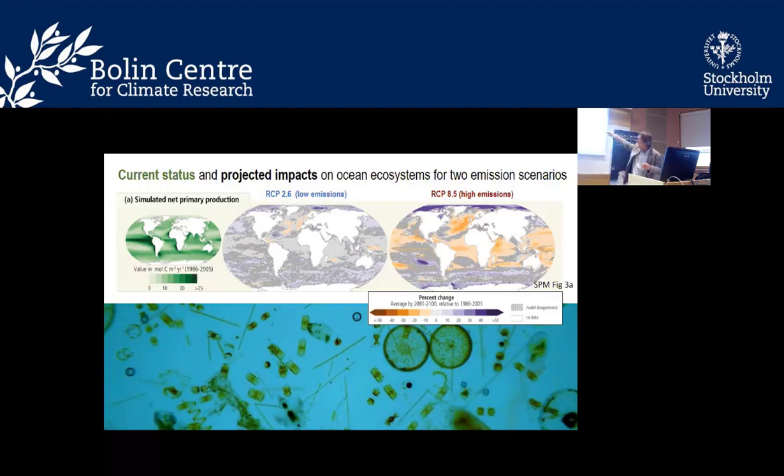The green on the left is a model of the present state of primary production, the basic plant growth in the upper ocean surface, and then the other graphs are the two scenarios. Now that actually hides some important factors, and that is species composition and biodiversity. There might be changes in which species are where because of the warming, the temperature effect, that don't come up in terms of primary production.